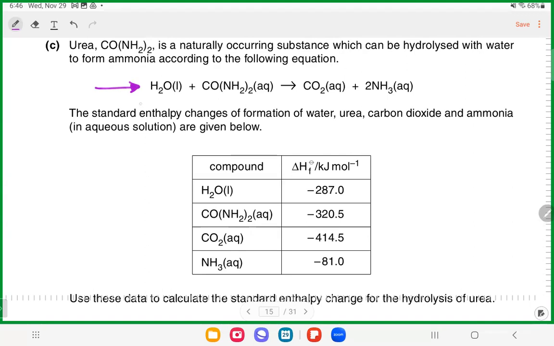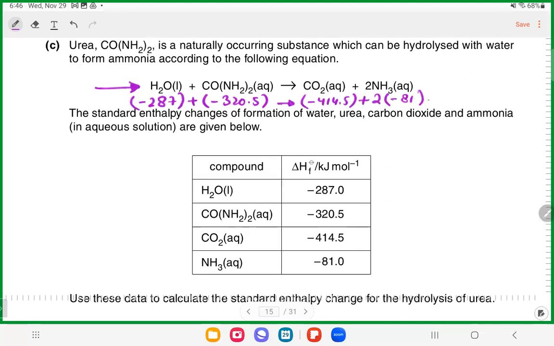Water value is minus 287 plus CONH2 value is minus 320.5. Did you notice I'm always writing down the values below the equation? It makes it a bit easier for me. Carbon dioxide is minus 414.5 plus ammonia, which is 2 times minus 81.